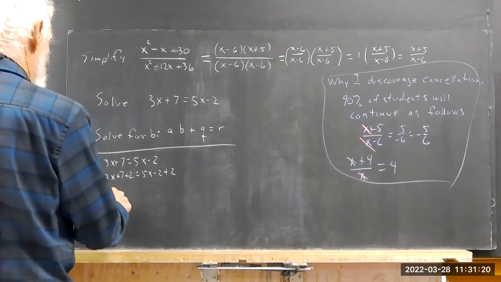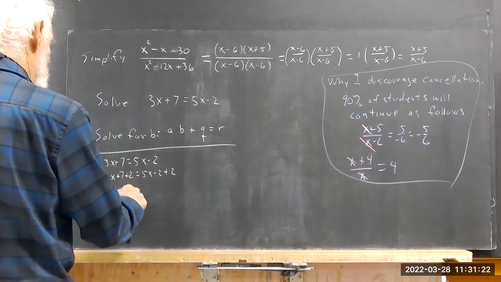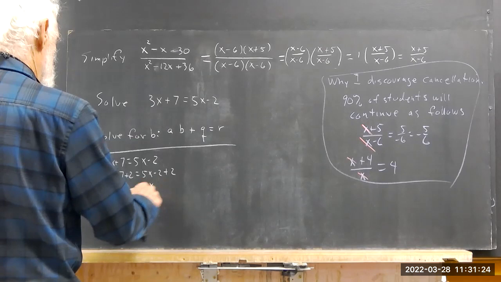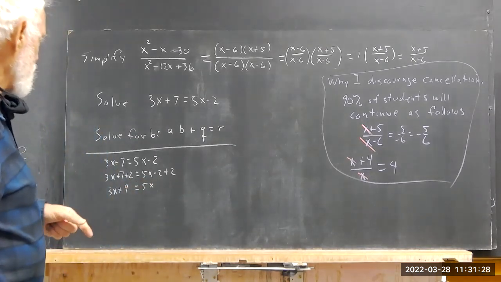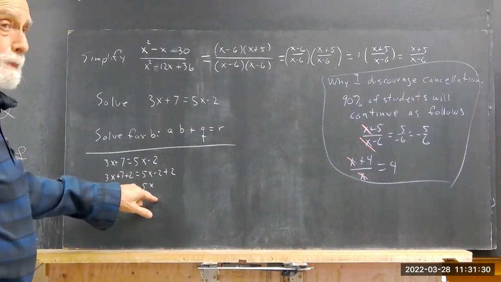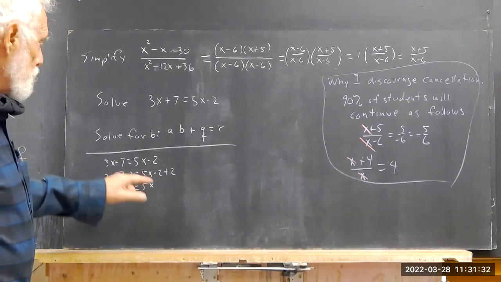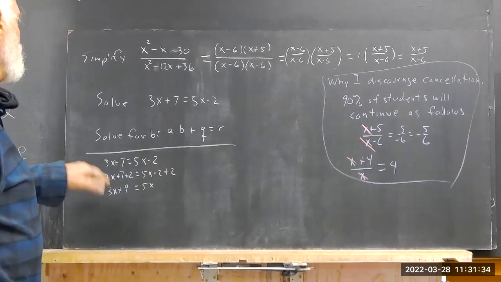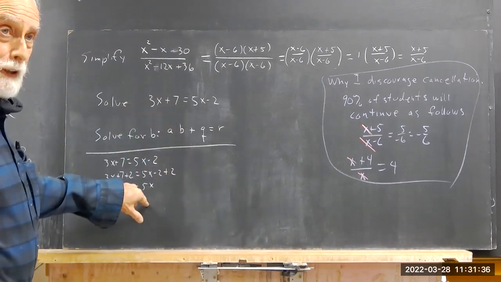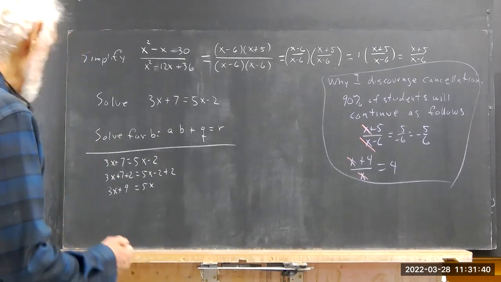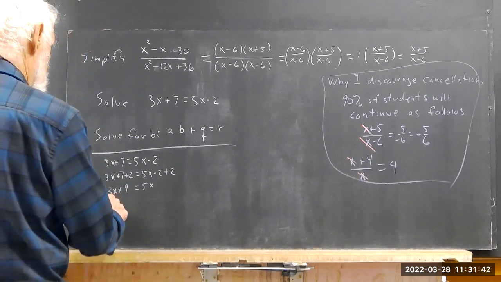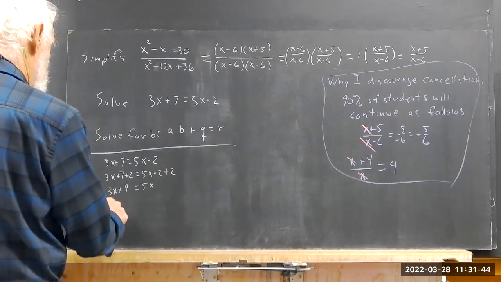That gives me 3x plus 9 equals 5x. Well, I still have x's on both sides, right? I chose to add 2 to both sides, so my x's are going to end up over on this side. So usually I do the x's first. A lot of people do it this way. It's perfectly all right. So I'm going to subtract 5x.